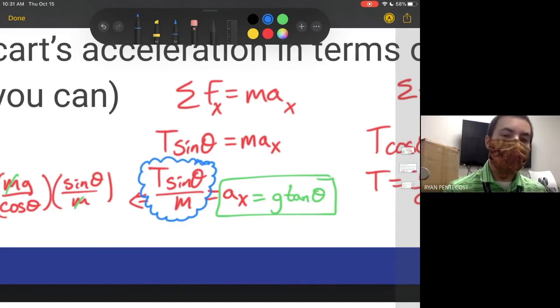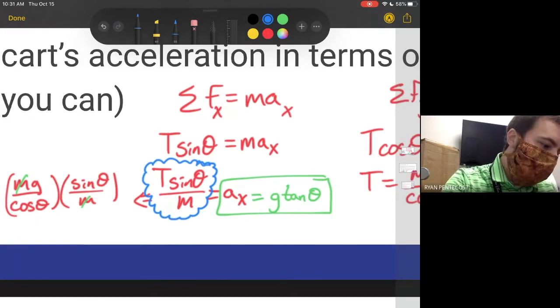Now you would need a driver completely focused on the road and a second, maybe even a third party taking measurements and then recalibrating the mass, holding it still after you make a turn or something. But this is something that you could do to find the acceleration. If you just have g and the theta, you can find your acceleration of an object if you can do this experiment.